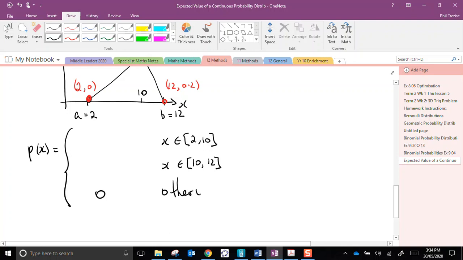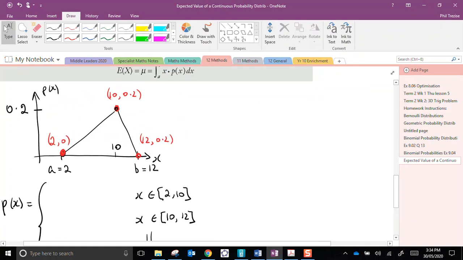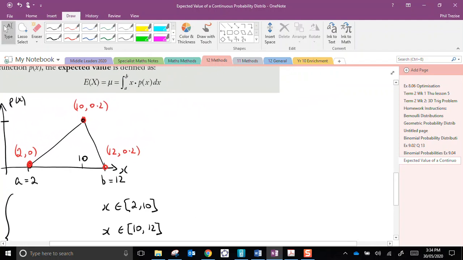Everywhere else the value of the density function is 0. Now there are fancy little formulas that you can learn, but they're easy to get mixed up, so I've never bothered to learn them. If I've ever needed to work out the equation of a straight line, I just go off to the side and do it on the side here.